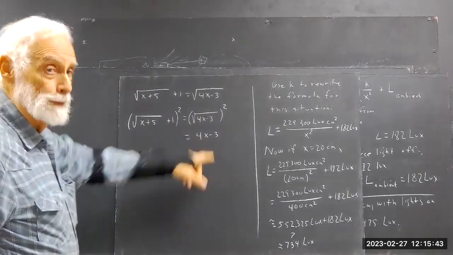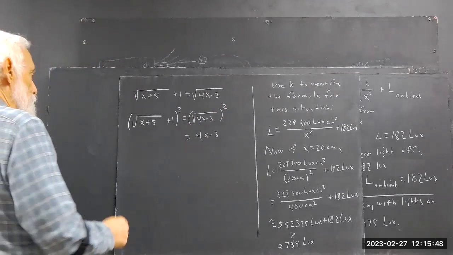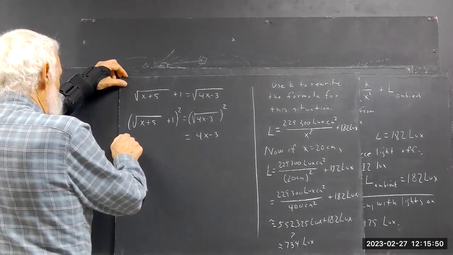Well, this side's going to easily give us 4x minus 3. On this side, I'll go into more detail than you probably need.